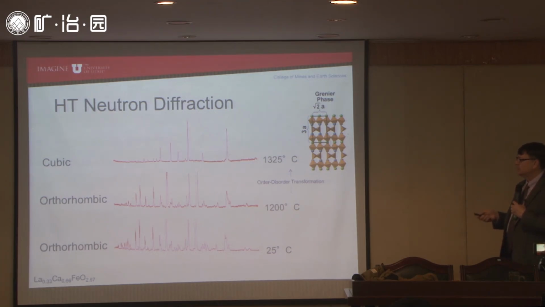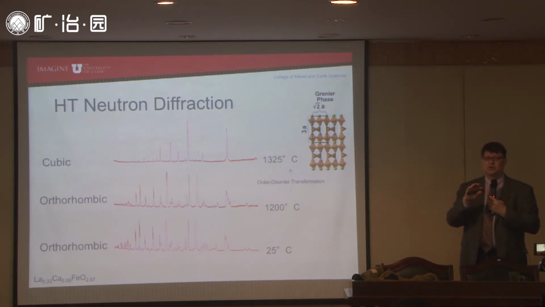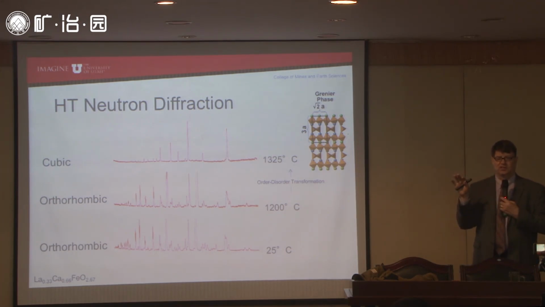But the point of this is that one of the things that we found out is as you heat the Grignard phase up to a very high temperature, right around 1320 degrees C, the material goes from an orthorhombic structure to a very simple cubic structure. And in addition to going from an orthorhombic structure to a cubic structure, it goes through what's called an order-disorder transformation.